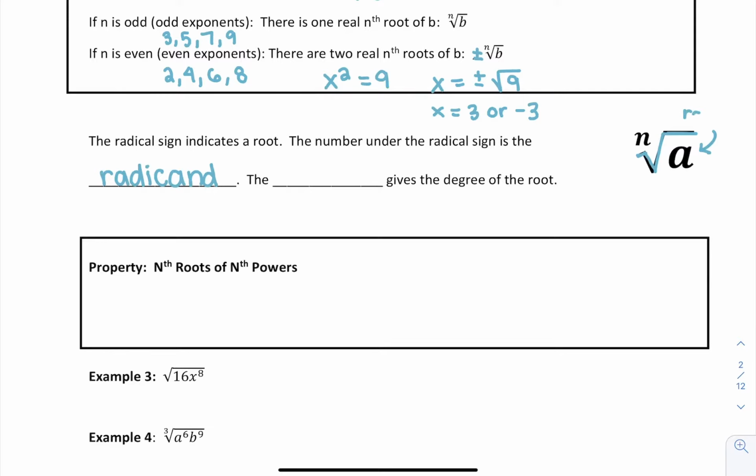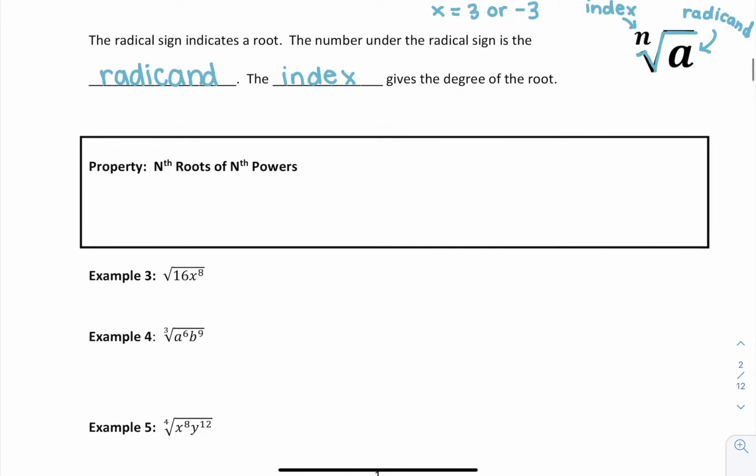To be honest, we don't use that word too many times, but the one that we do use is this one right here. The index gives the degree of the root. So this n right here is the index. We're going to be using index a lot. We'll use radicand a little bit, but index is the one we want to focus on.